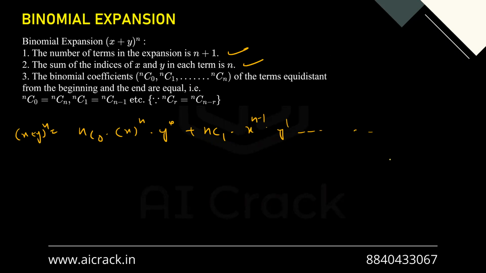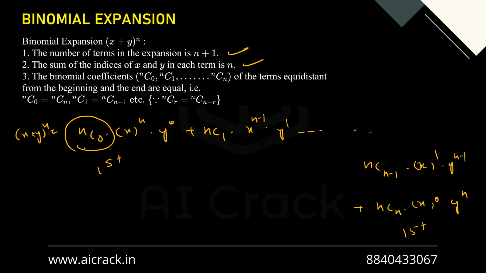And if I write the second last term, we get nC(n-1) · x^1 · y^(n-1), plus nCn · x^0 · y^n. So these are the last two terms, and these are the first two terms. Now if I go first place from the left side and first place from the right side, basically equidistant from the beginning and end, this is the binomial coefficient, and this is the binomial coefficient.